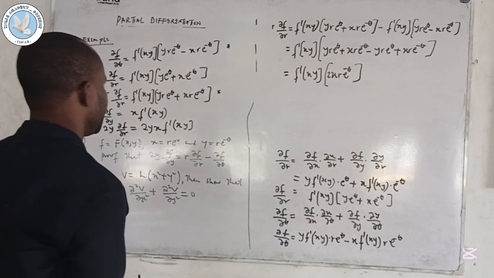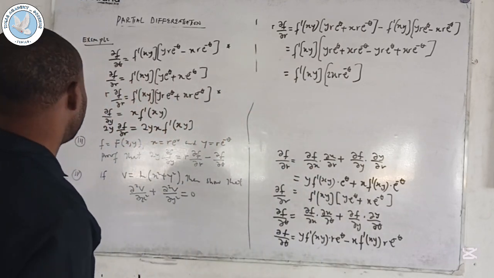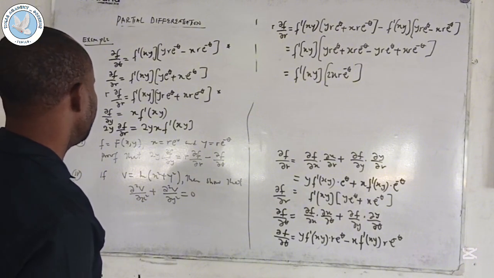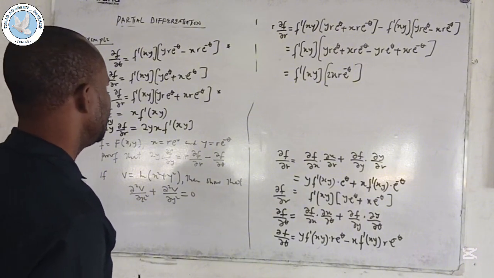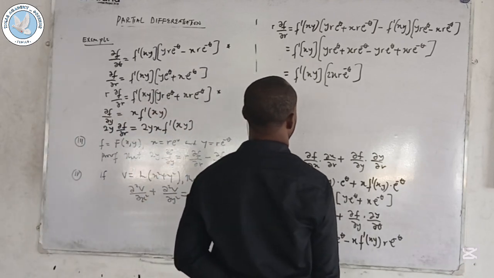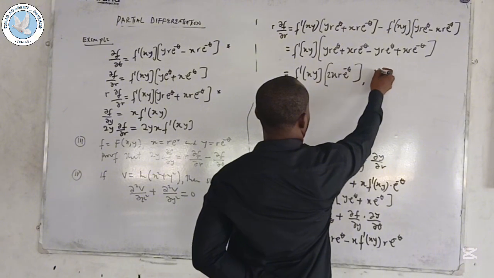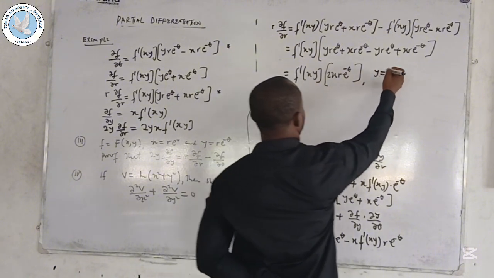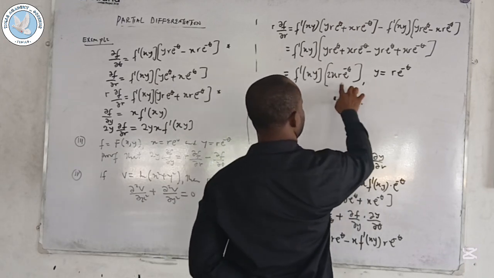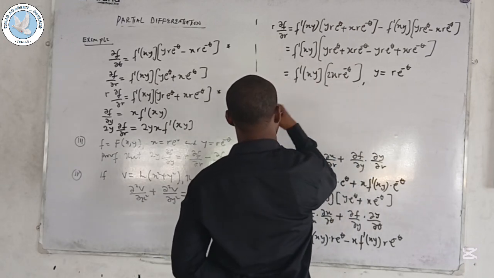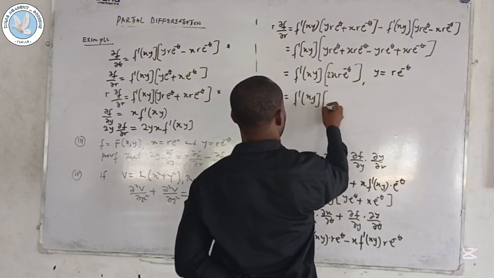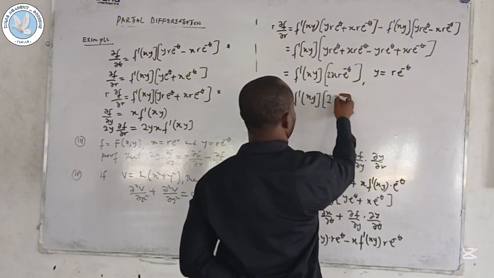So let's look at what this is. Let's look at what this is. But we are also given that y is equal to r exponential this. So in place of this, we can actually replace and say this is equal to 2xy.